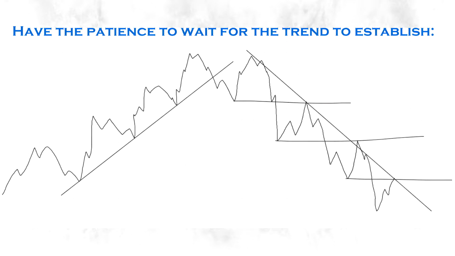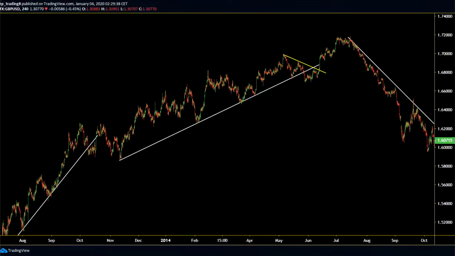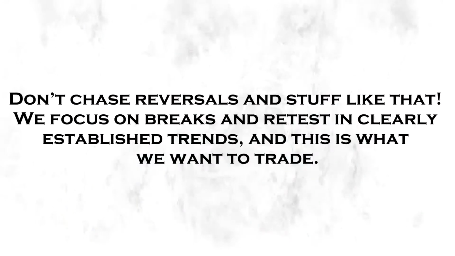Don't try to chase new trends. Here is an example on the chart. Take a look at the yellow trend line. Don't chase fresh new trends. Let them establish and give them time to form. Patience is the key. Don't chase reversals and stuff like that. We focus on breaks and retests in clearly established trends, and this is what we want to trade.